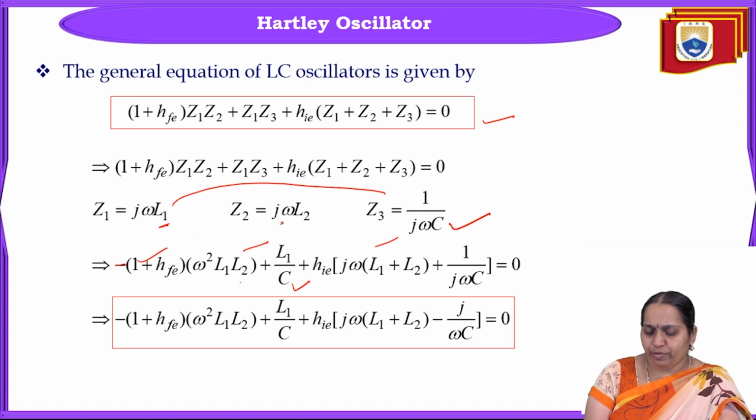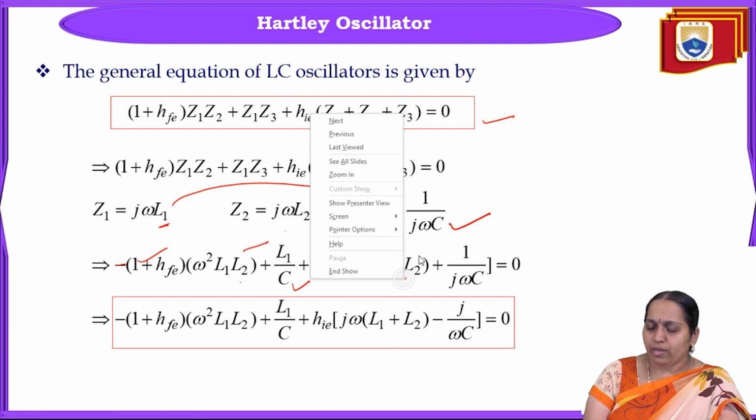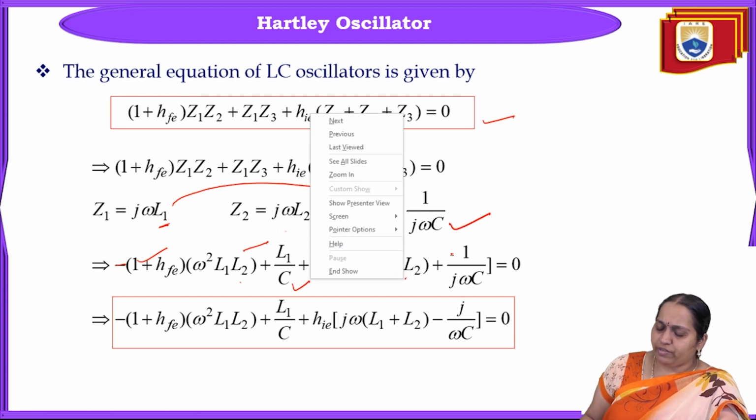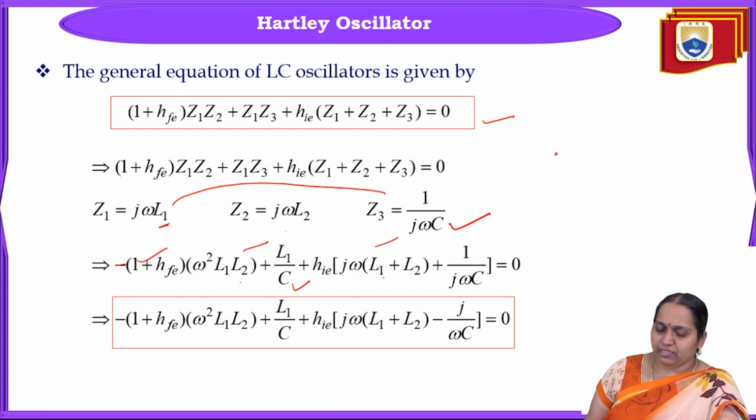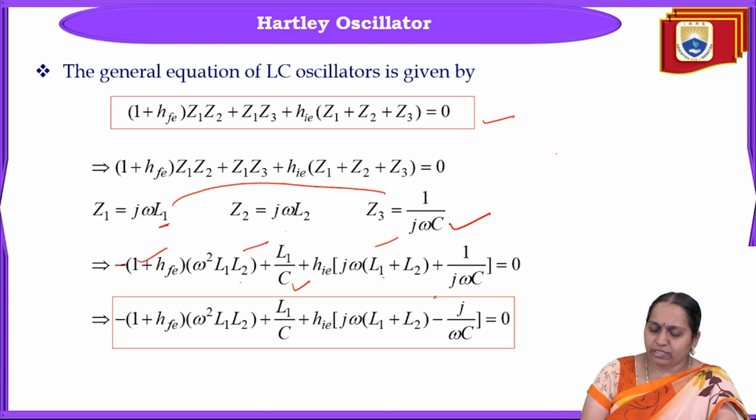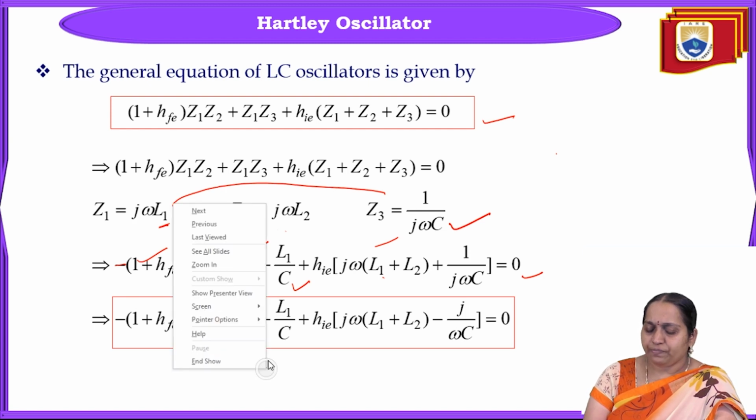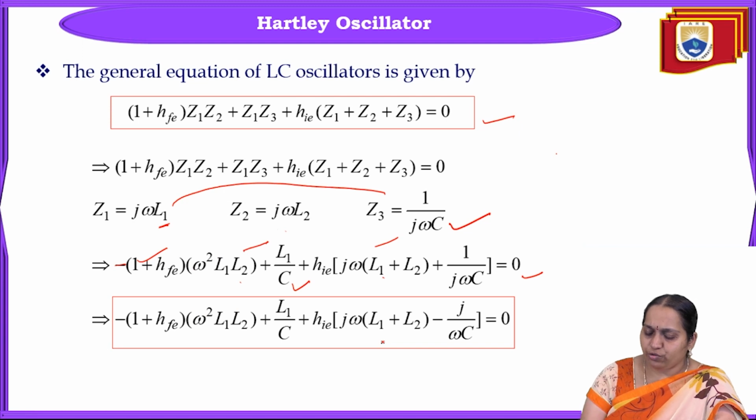If I take J omega common in all the terms, J omega into L1 plus L2, and the last one I am writing 1 by J omega C as it is. On further simplification you finally get minus of 1 plus HFE into omega square L1 L2 plus L1 by C, plus HIE into J omega L1 plus L2 minus J by omega C, equal to 0.